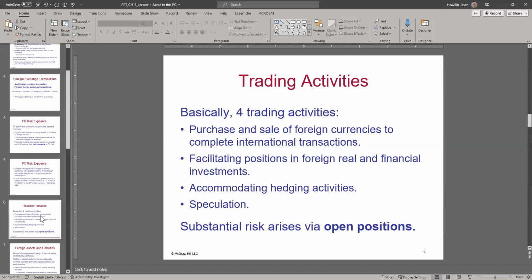Trading activities. Basically, there are 4 trading activities. Purchase and sell foreign currencies to complete international transactions. So financial institutions, while they themselves may be involved in transactions, think of it also that there's a service they provide for companies, where there is a company that has entities in a different country and they have to then move money from one country to another.